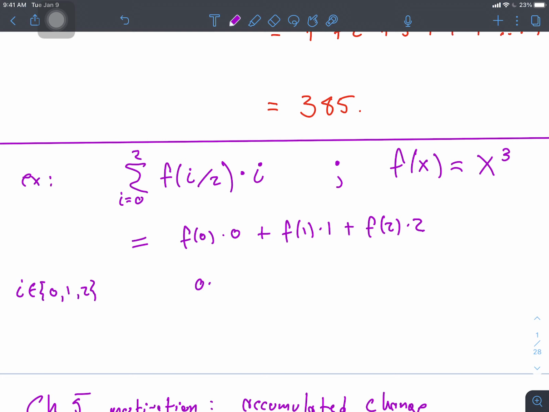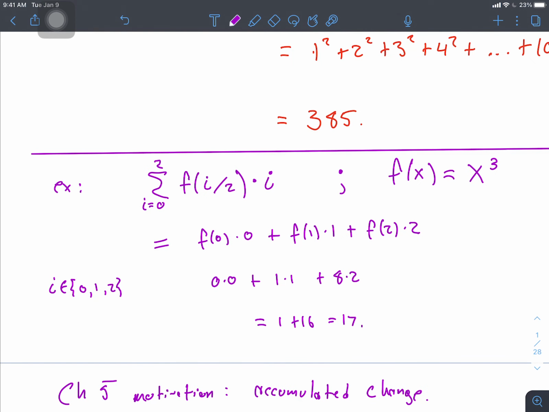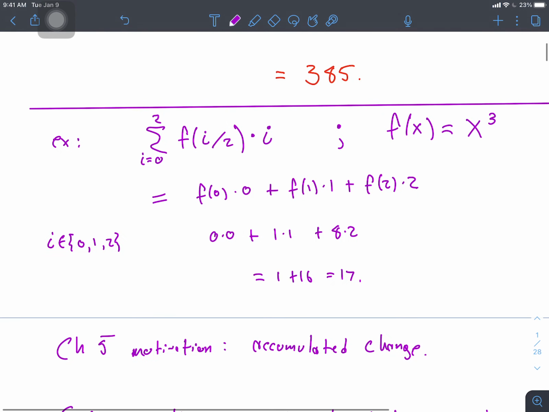So this becomes 0 times 0 plus, well, 1 cubed is just 1, so 1 times 1, and then f of 2 is 2 cubed, which is 8, so I get plus 8 times 2. So altogether I get 1 plus 16, which is 17. Okay, so that's just a play example of how we're going to do these summations.